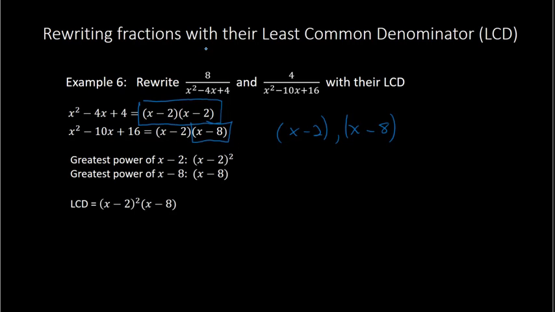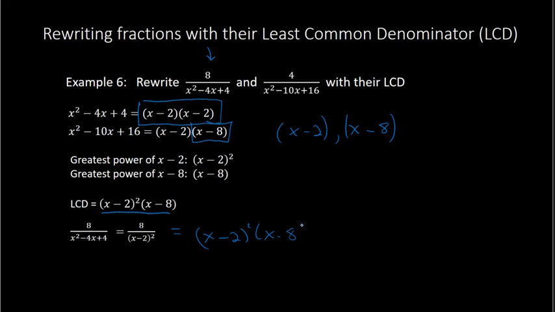So looking at this first fraction right here, we have 8 over x squared minus 4x plus 4. Now the bottom we can factor down, as we've already done, to be x minus 2 times x minus 2, or x minus 2 squared. Now to convert this into a fraction with this new least common denominator, we need something over x minus 2 squared times x minus 8.